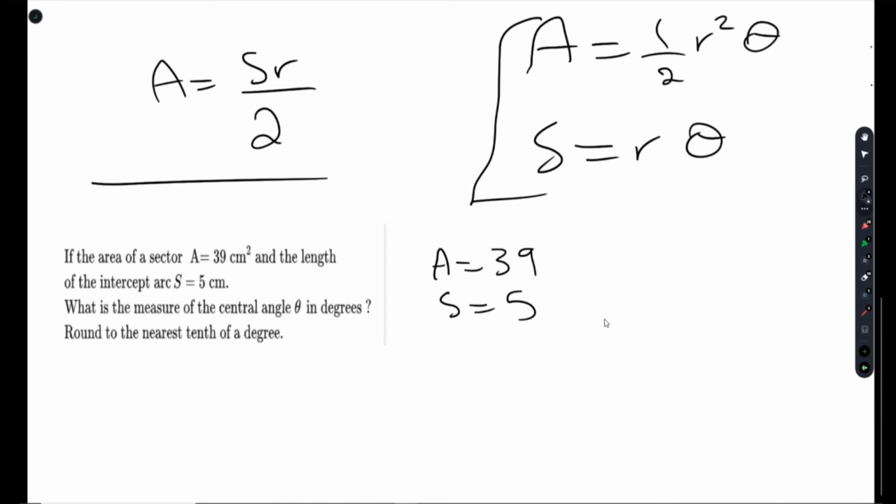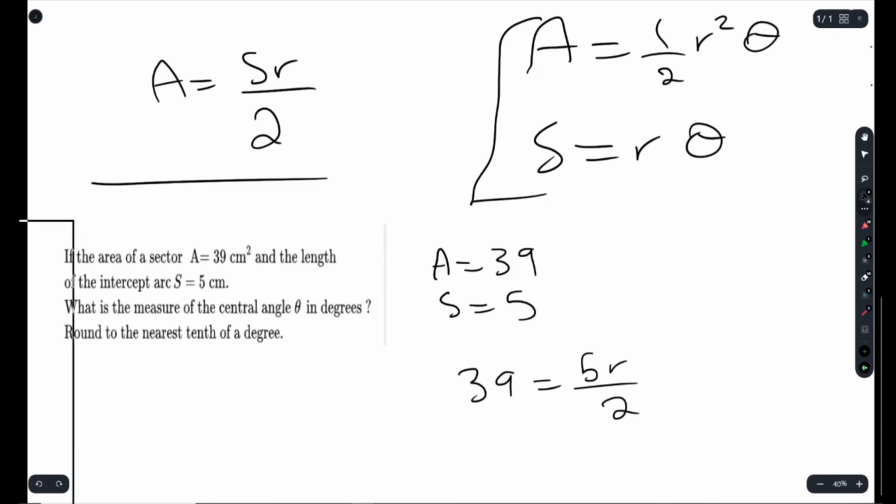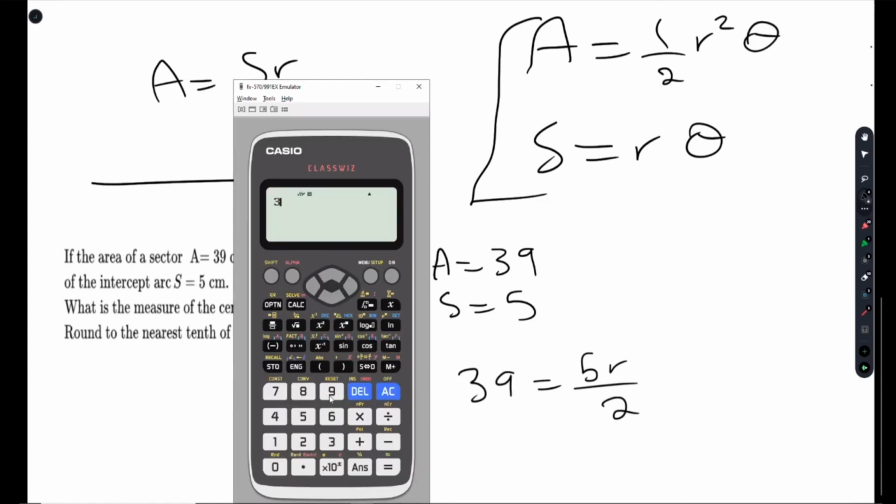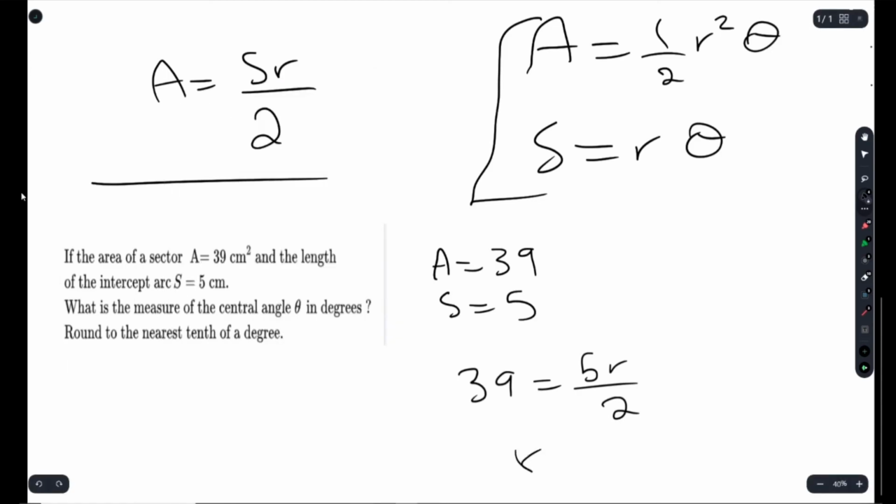So we'll first of all use this formula. So it's 39 equal to 5R over 2. We have a calculator on the test, so we can always use it. 39 equal to 5x over 2. Shift solve, 15.6. Our radius is 15.6.